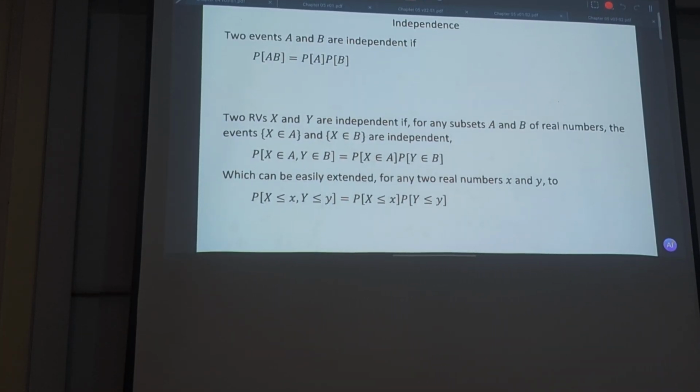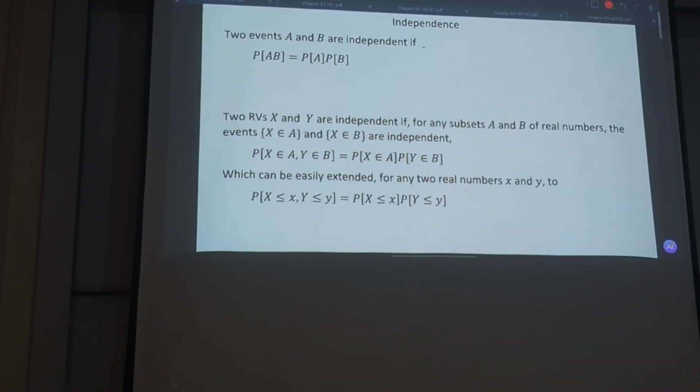Two events A and B are independent if they satisfy this relation. We have seen examples in chapter 1.